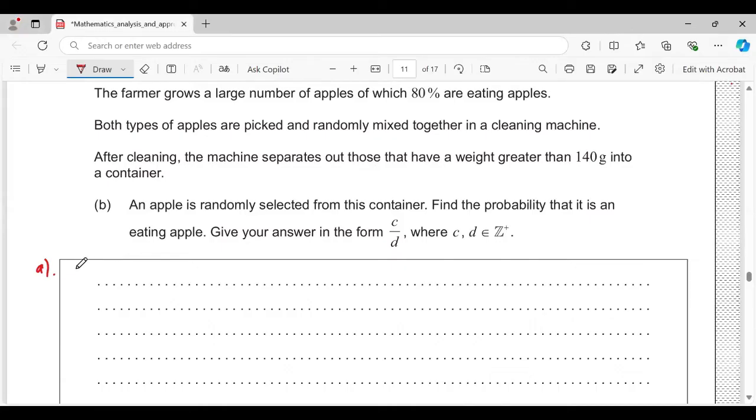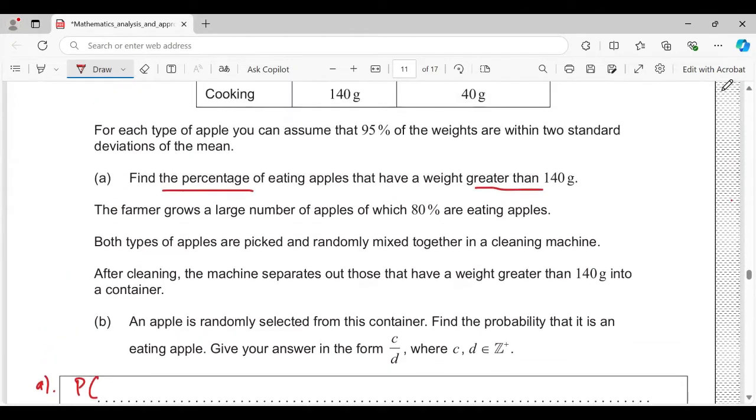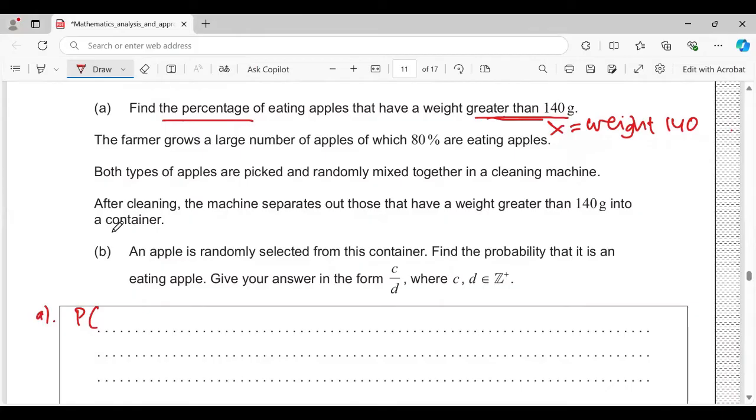So if X is the apple weight, we want to find the probability X greater than 140.